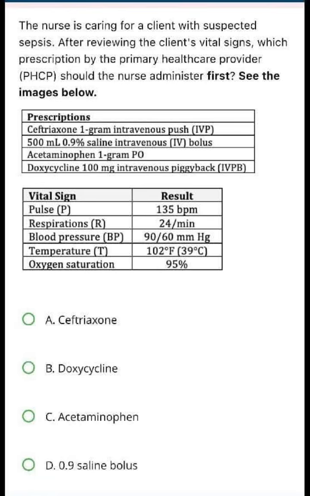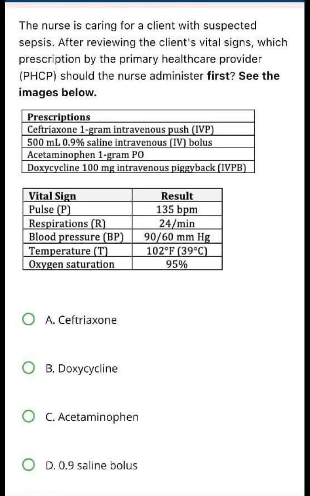So IV fluid becomes the first line of choice, because low blood pressure will lead to hypoperfusion of body tissues. And when there is hypoperfusion of body tissues, organ failure will occur, which is most critical. So the best way is to address the situation that will reduce organ failure.